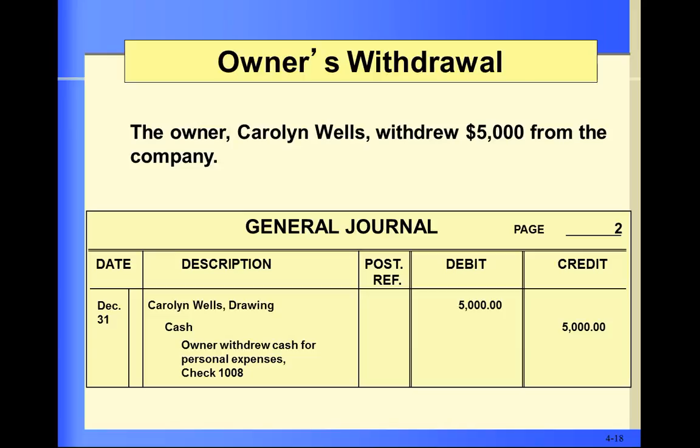So instead of increasing with a credit, the drawing account increases with a debit. At the same time, we're going to decrease the balance of our cash account since they're actually taking the money out of the company. And there we're going to record a $5,000 credit entry. In the memo, we just simply add that the owner withdrew cash for personal expenses and that we used check 1008 to do that.